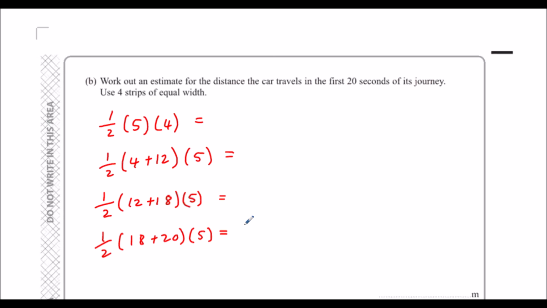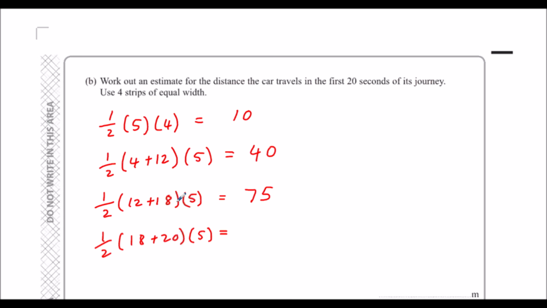So we can use a calculator for these if we need to. So half of 20 is 10. Half of 16 is 8. 8 fives are 40. Half of 30 is 15. 15 fives are 75. And half of 18 plus 20 is going to be the middle of them, which is 19.